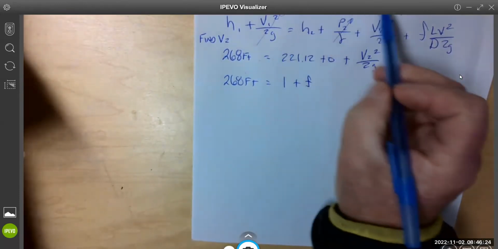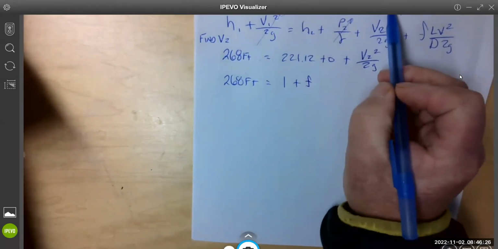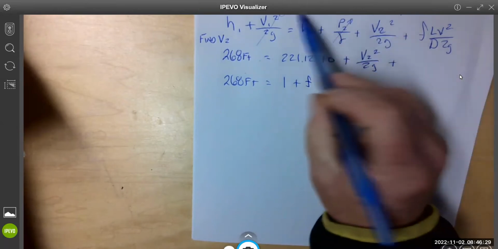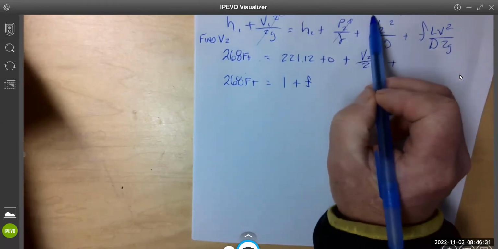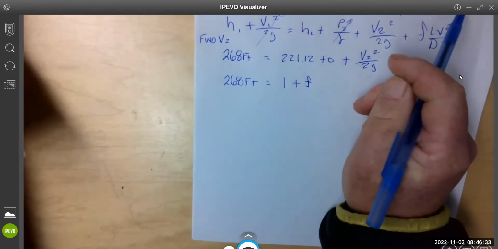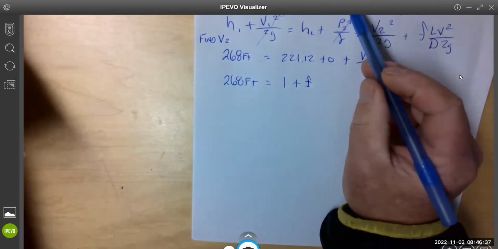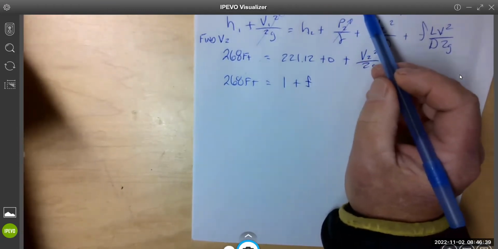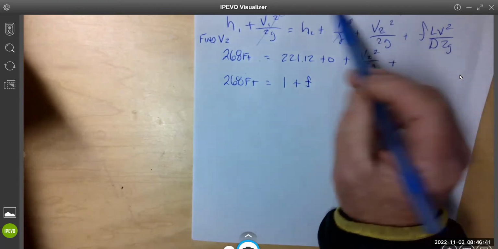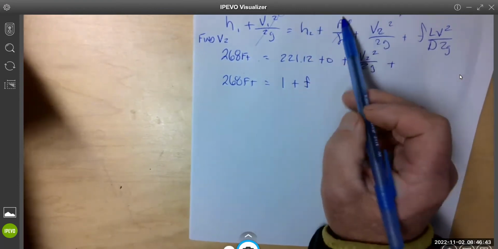Well, I need the length of the pipe. 1425 is the horizontal. Did you get a length of pipe, Nick? Not that I don't believe you, Brian, but I can't believe that's that close to the horizontal.